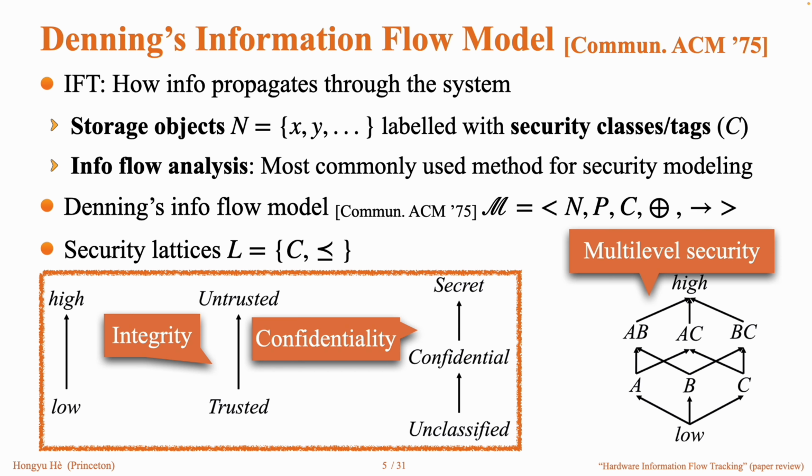I will give a few examples of the integrity constraint. Basically, the untrusted would be, for example, a user input. A trusted could be, say, a sensitive register.